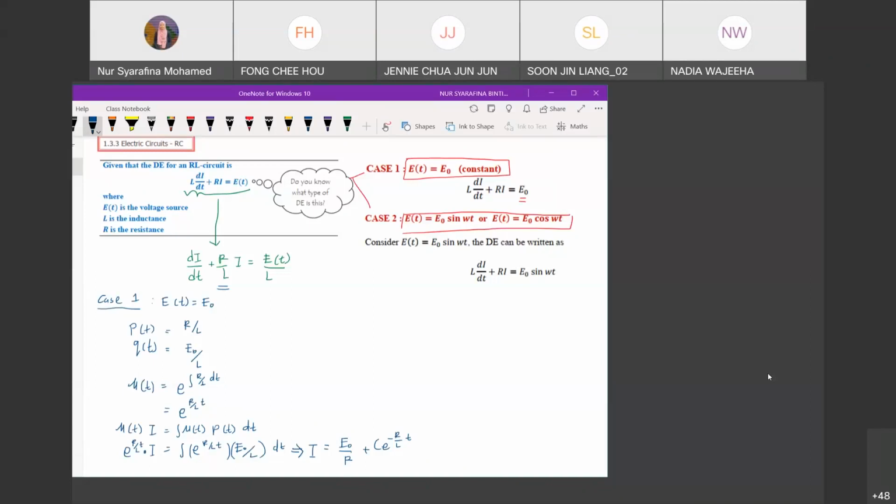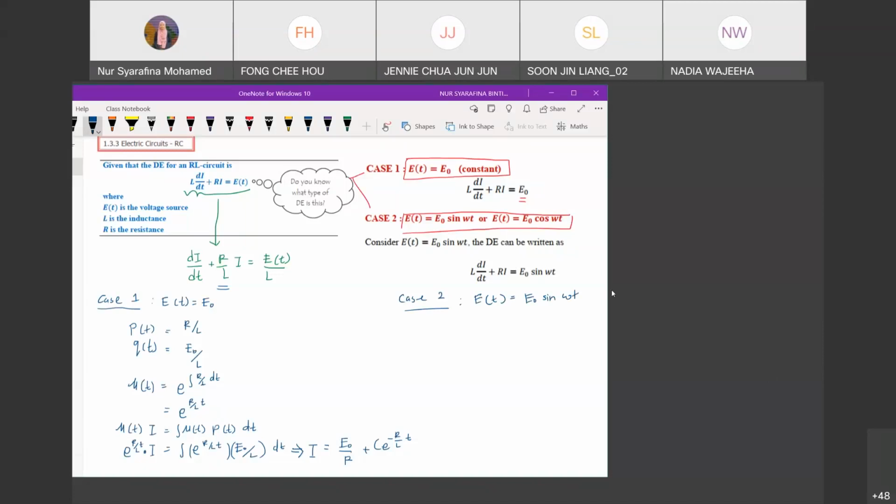It is easy for this case because we have E naught as a constant, as a value, right? But for the next case, your voltage source is in terms of a function. It is also doable, but you need to apply the integration by parts or integration by tabular method. Same process, right? So look at case 2. Let's say your E(t) is E naught sine omega t.